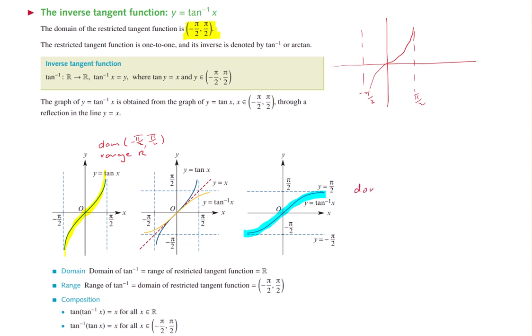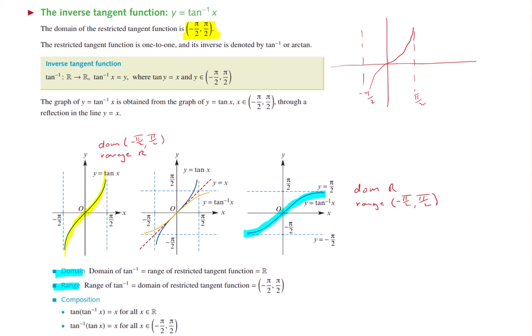The domain will be reals, and looking at the graph you can see that it goes on forever. And so the range, as I said, just got to watch the brackets, negative pi on 2 to pi on 2. And they've listed that down here and down here.